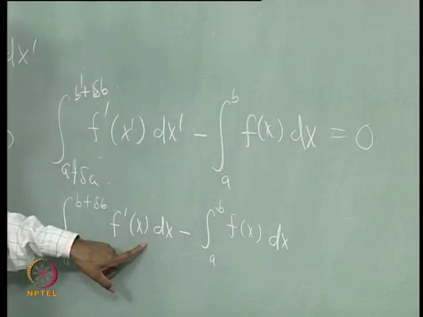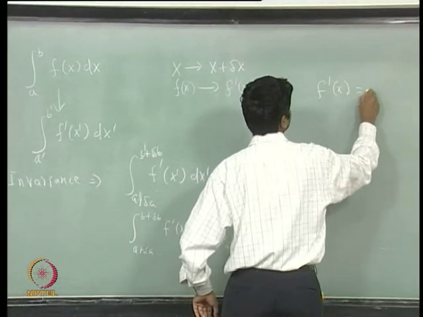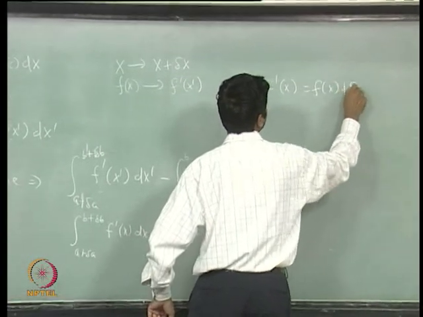So, f prime of x is nothing but f of x plus delta f.